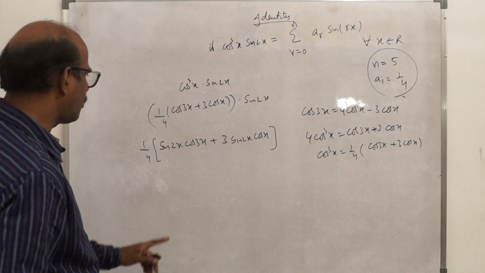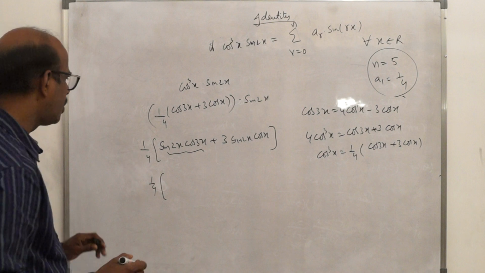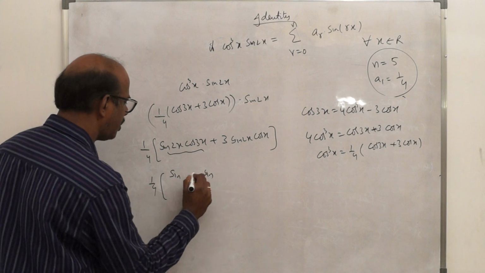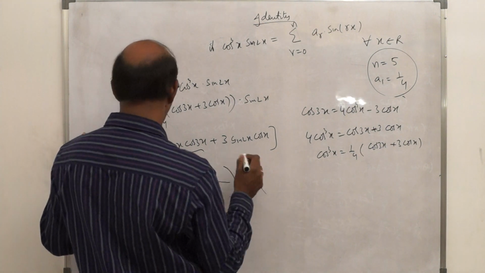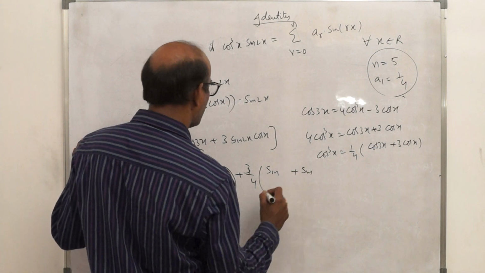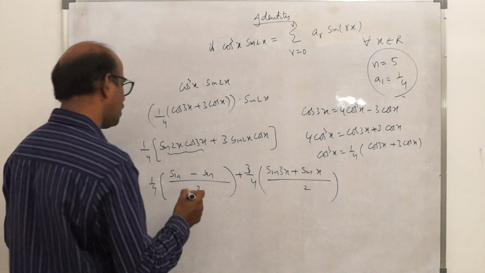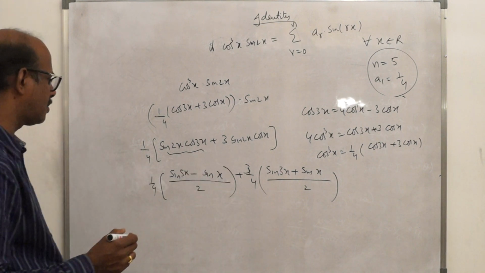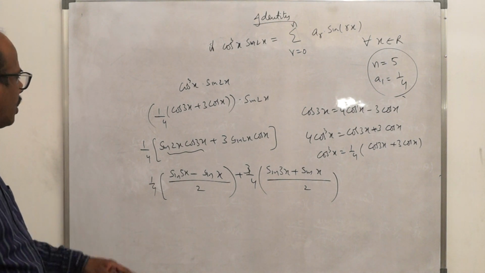Now convert the product into the sum form. Here cos is more and sin is less, so it will be sin with the angles in between, with a minus, and divided by 2. Take 1/4 as it is and 3 outside. Here also sin is more, so it will be sin and sin with plus in between, divided by 2. Concentrate, my point is this.